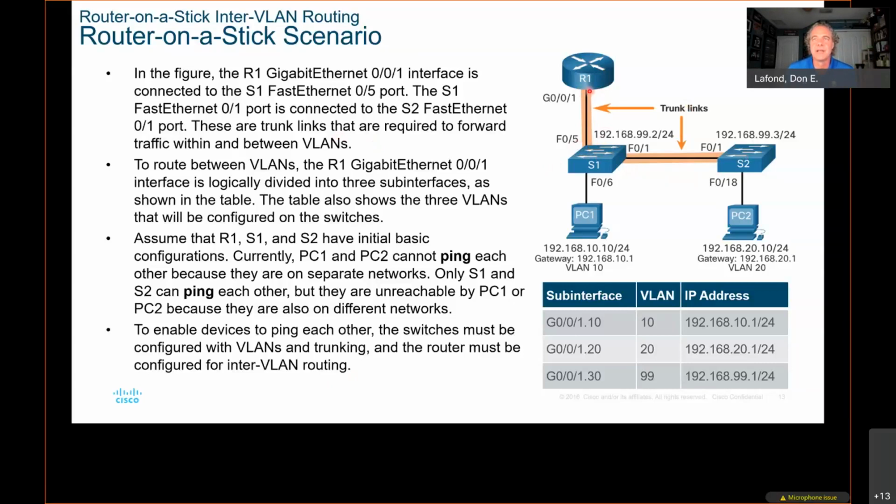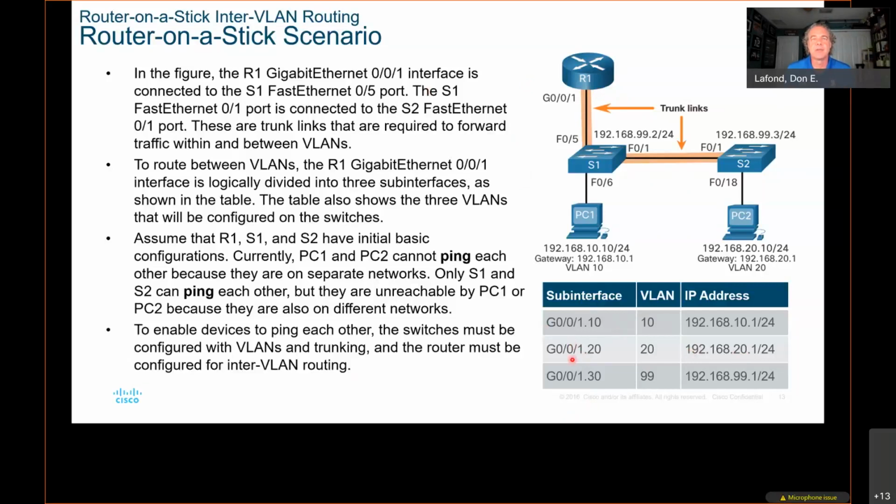On this side, you configure the sub-interfaces. To route between VLANs, the R1 Gigabit 0/0/1 interface is logically divided into 3 sub-interfaces that you see here, as shown in the table.